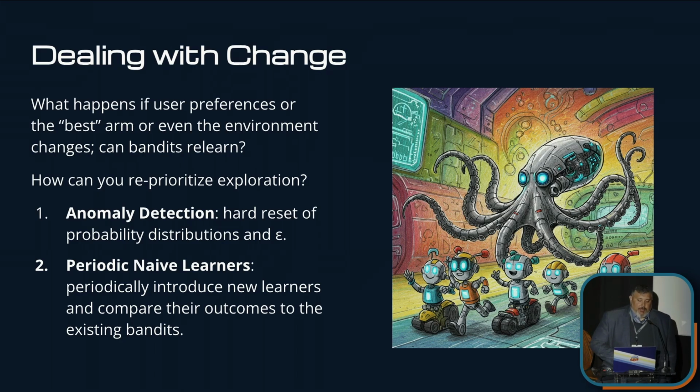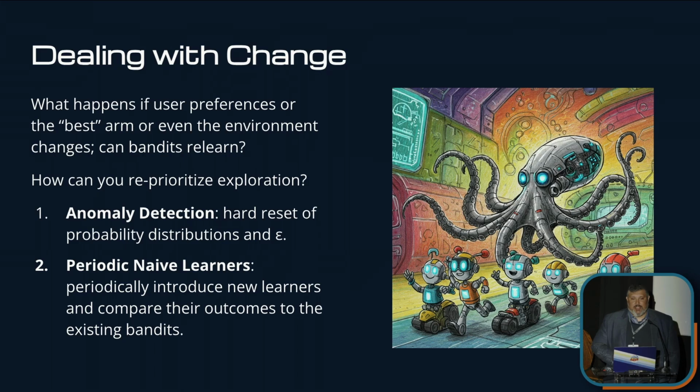So in order to reprioritize exploration, you really only have two choices. The first is anomaly detection. Anomaly detection is a hard reset of your distributions and epsilon. You would use something like a one-class SVM or an isolation forest to do anomaly detection, and then use that as a trigger to reset and restart the bandit.